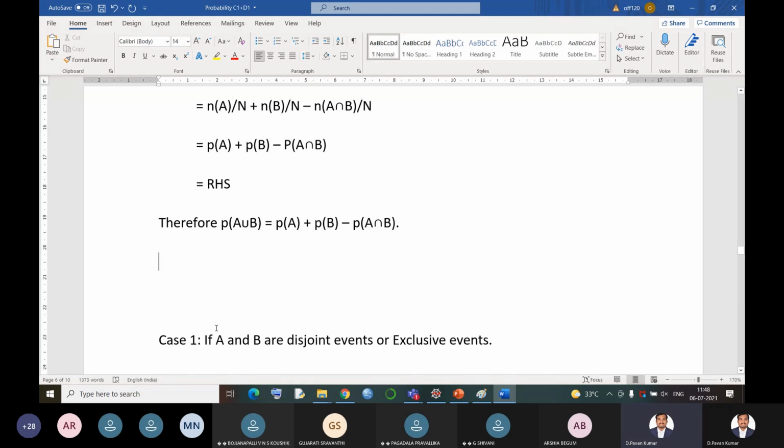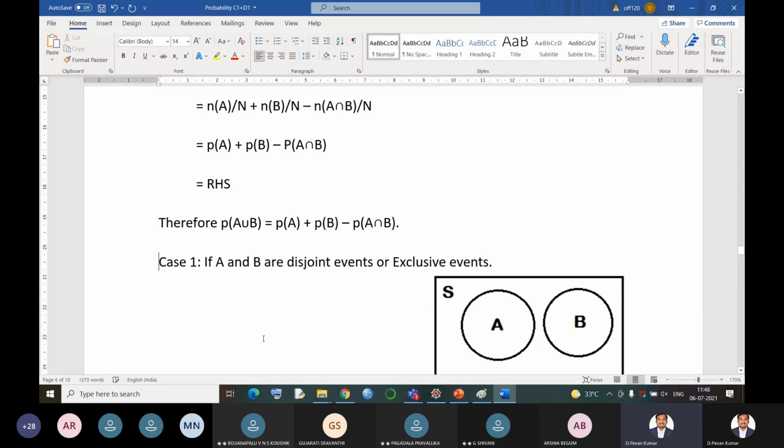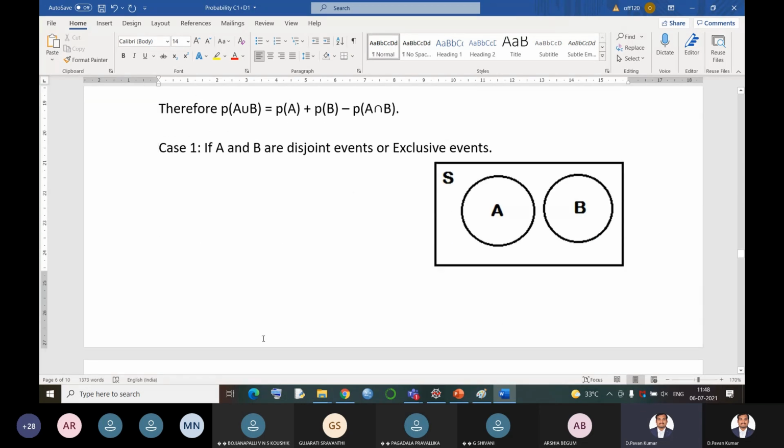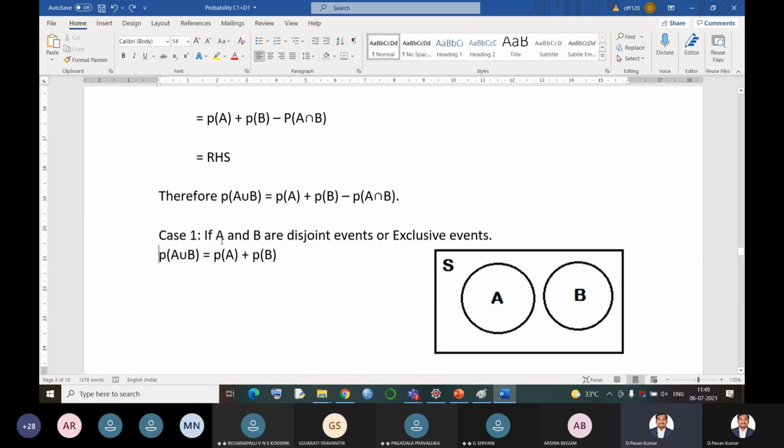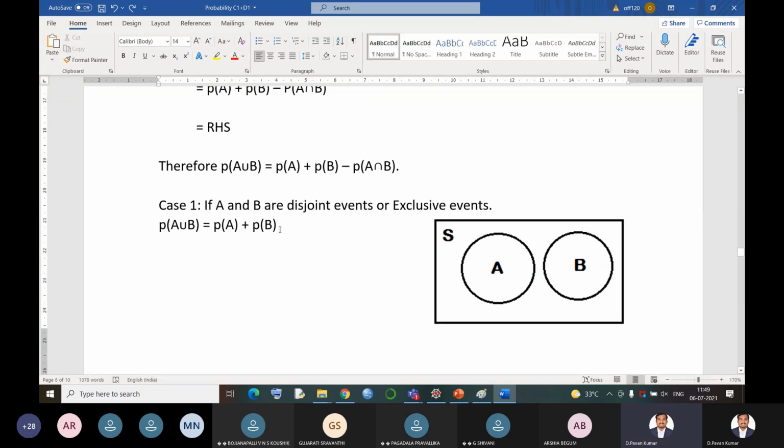Now, after this, we have three cases to be discussed immediately after this proof. What is that? If A and B are disjoint events or exclusive events. See, in our actual proof, there is some intersection point between A and B. Now, if there is no intersection point over here, then what does the formula become? P of A union B is equal to P of A plus P of B. Why?